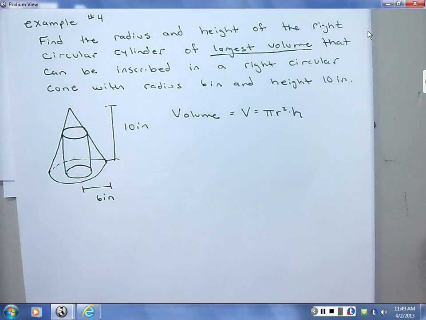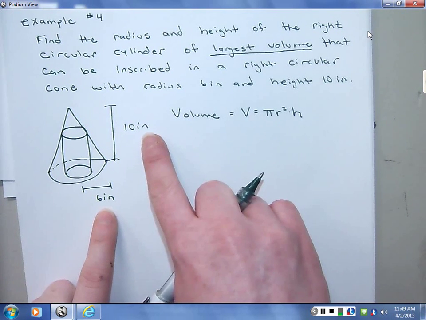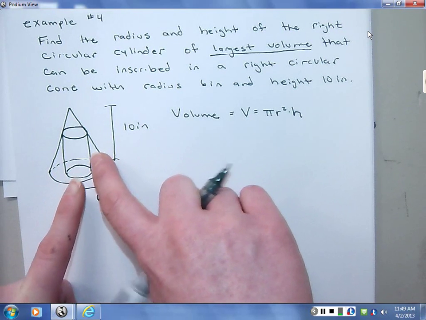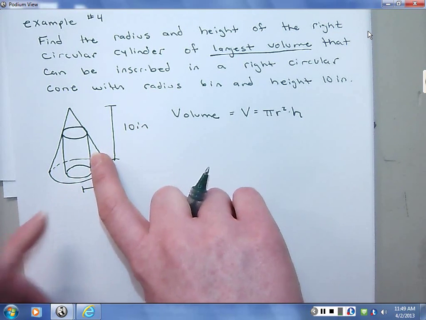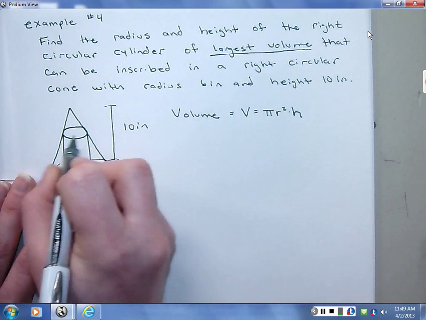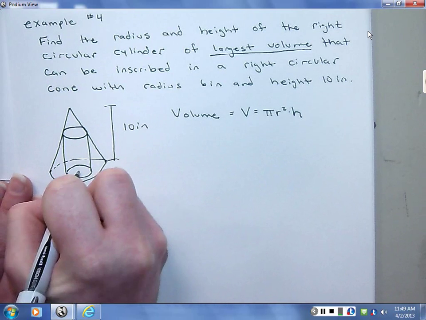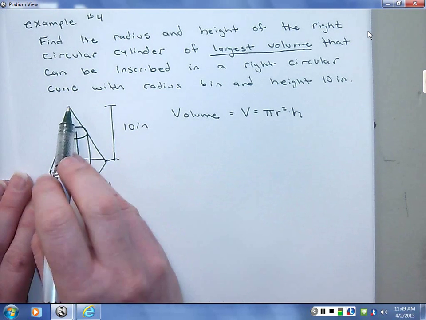Do I know the volume of a right circular cone? I can find the volume, given this, but I have to relate the height of the cone to the height of the cylinder that's given here. So let me see if I can take this out. This is going to be the height, right? It could go all the way to the top.